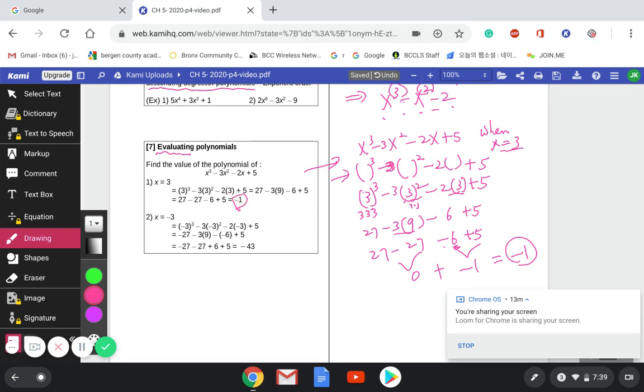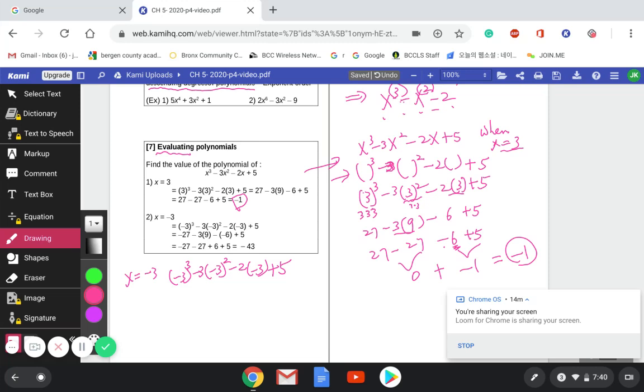Okay. Now what if x equals negative 3? So again, you substitute each x with negative 3, and you do the order of operations. So now you have to be careful because you are dealing with negative values.